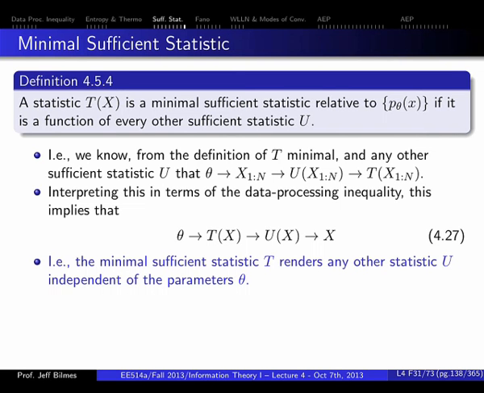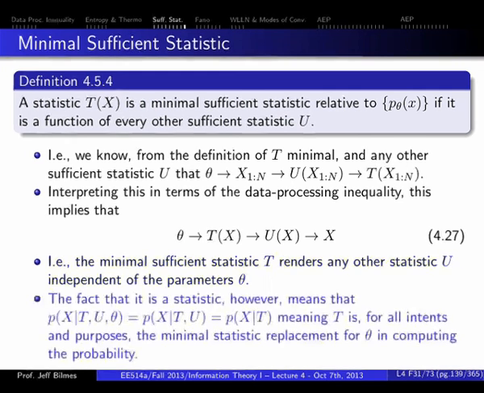In fact, all statistics have this property, but on the other hand, there's this minimality property. It's the smallest one. It's the one that's a function of everything else. And once you know one sufficient statistic about the parameter, no other one's going to tell you anything more about it, so it's going to be independent, right? So therefore, the minimal sufficient statistic is basically the least amount of information about the sample that tells you everything about the parameter.